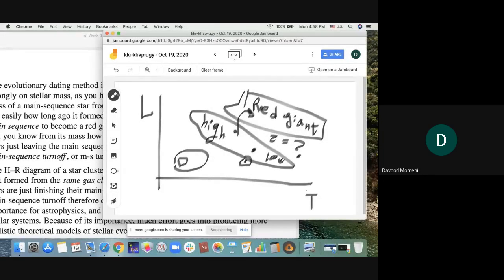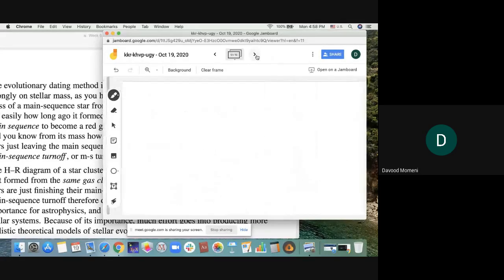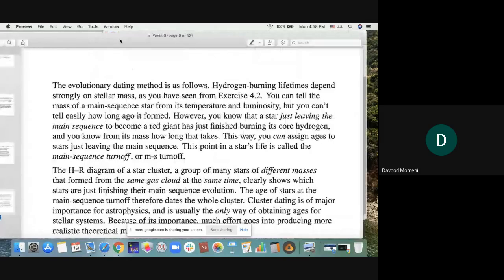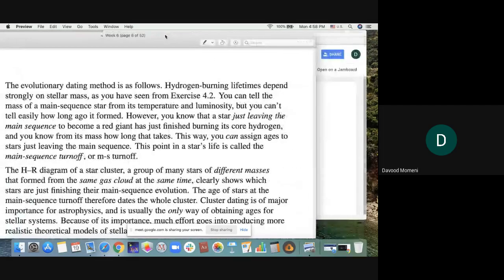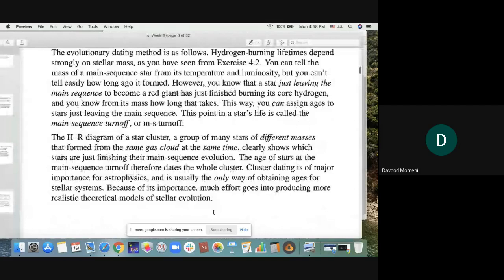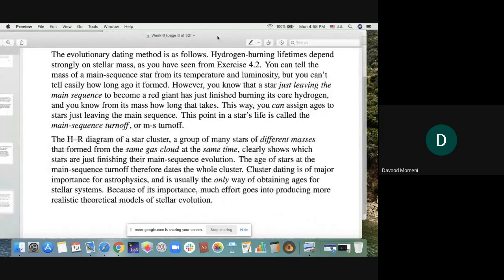And if you know the mass here, then you can say how much time you need to become a red giant. This is what you can do. So you can assign an age for the star just when it leaves the main sequence. This is called the main sequence turn off, or MS turn off. When the star is leaving the main sequence, you can estimate how much time it needs to become a red giant.